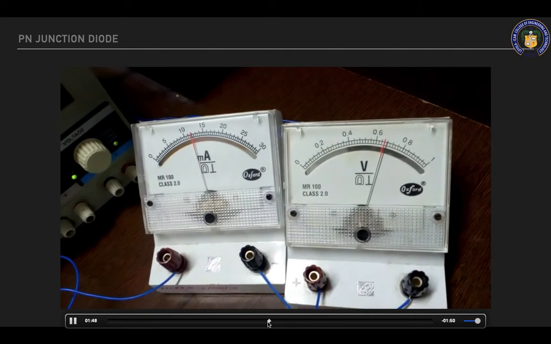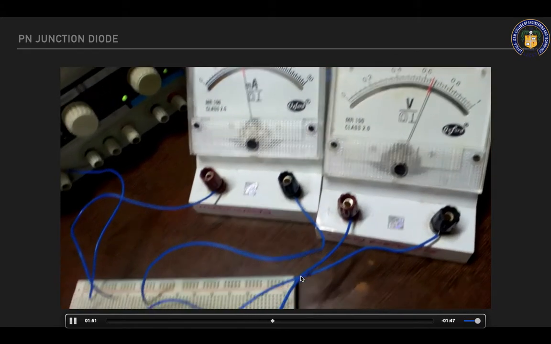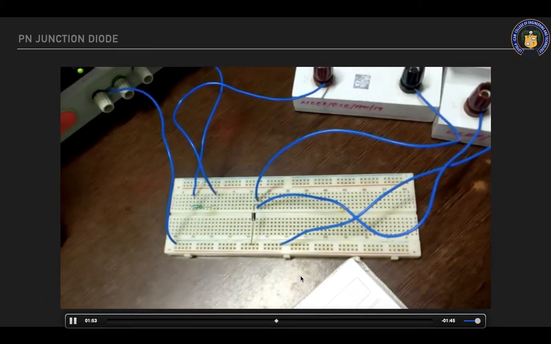Reverse bias. Change the diode in reverse, means cathode to anode.